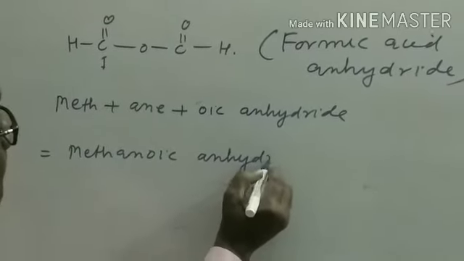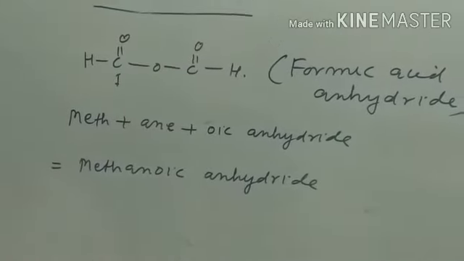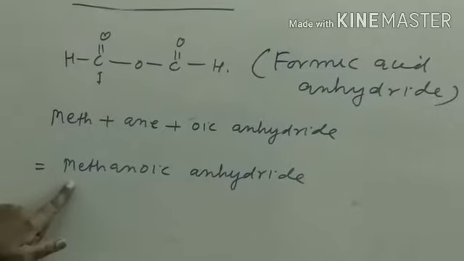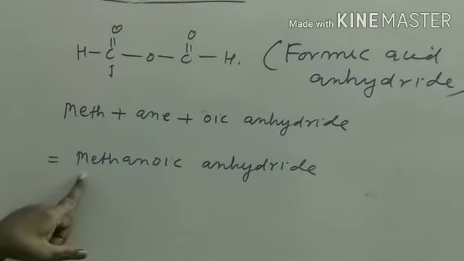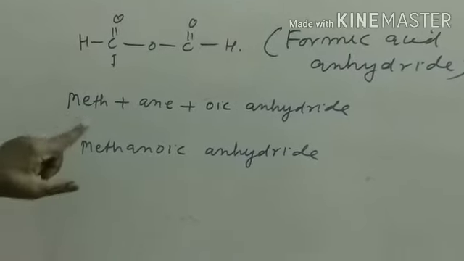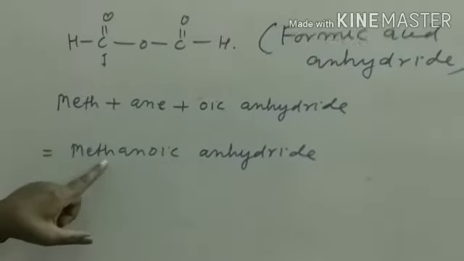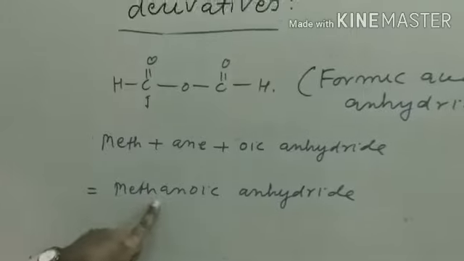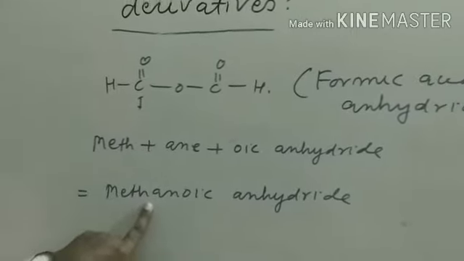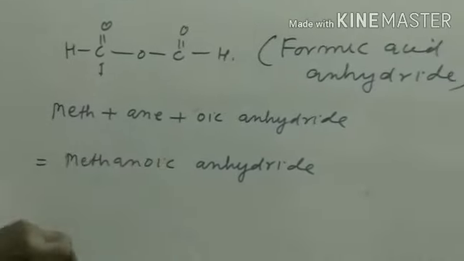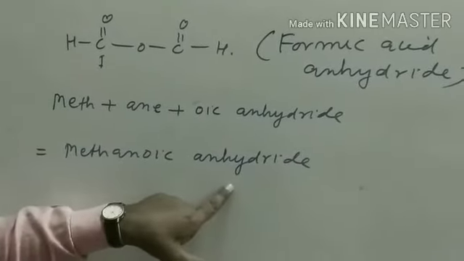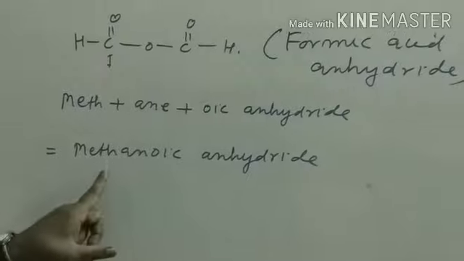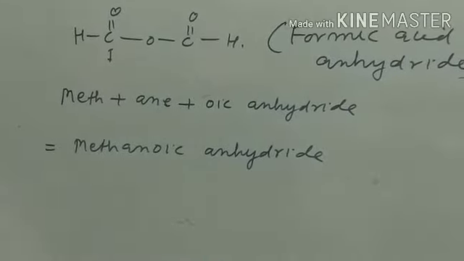You remember that the IUPAC name of formic acid is methanoic acid, and that formic acid undergoes dehydration to give formic acid anhydride. So methanoic acid and anhydride, when they come together, become methanoic anhydride.